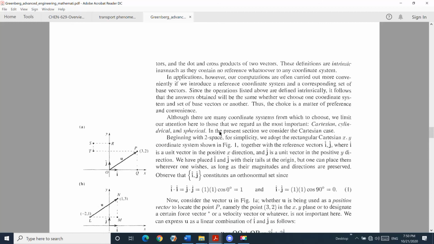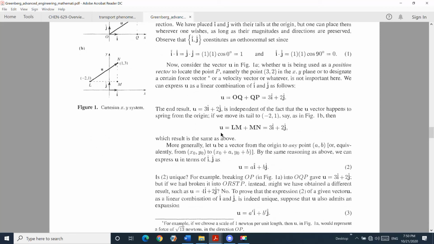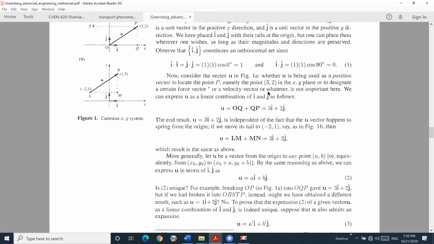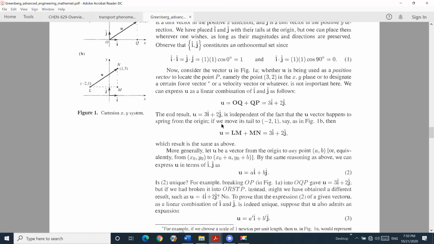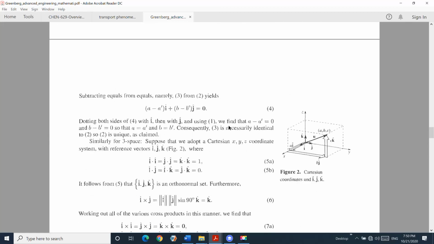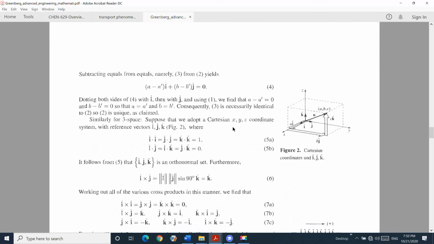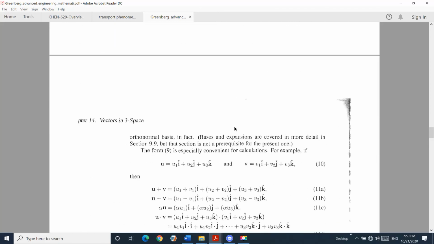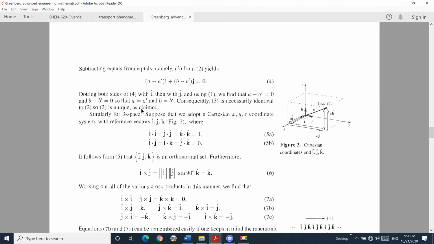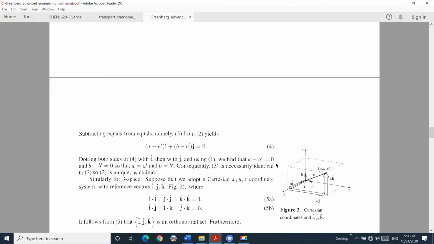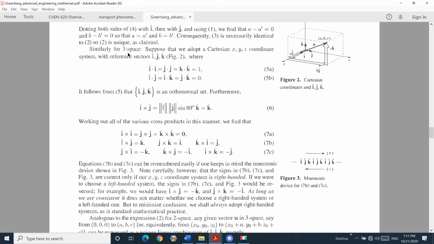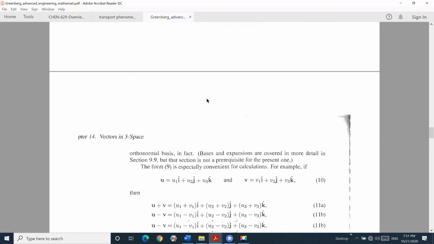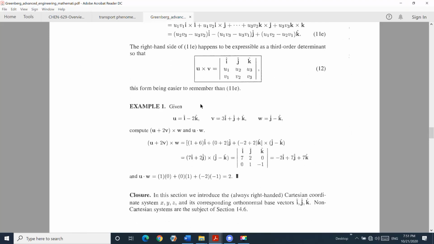Cartesian, cylindrical and spherical coordinates we consider, but here starting with Cartesian coordinates, with two elements, I and J. For the three space, we can add I, J, K. Similarly, for this three space, suppose that we adopt the Cartesian x, y, z coordinate system with the reference vectors I, J, K, like this, and so on.